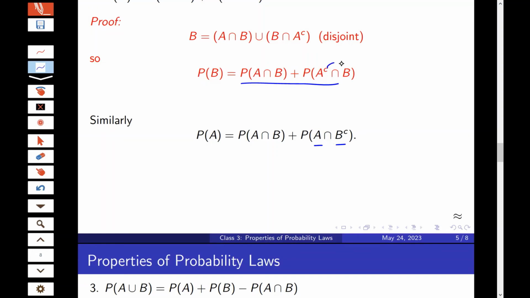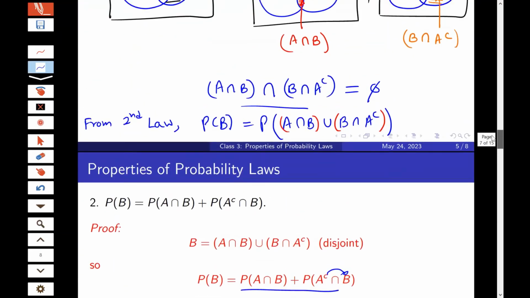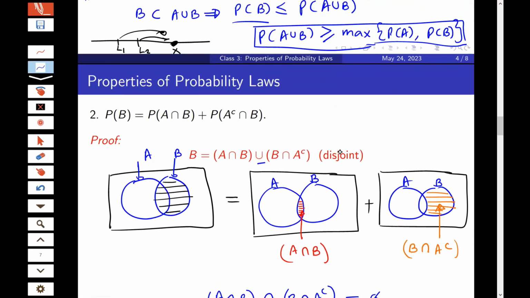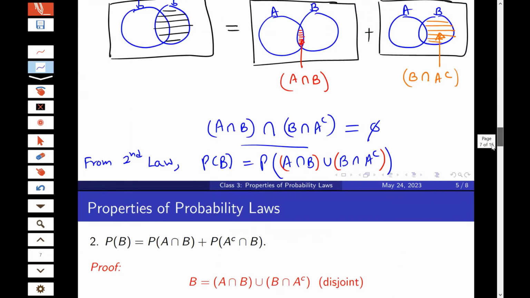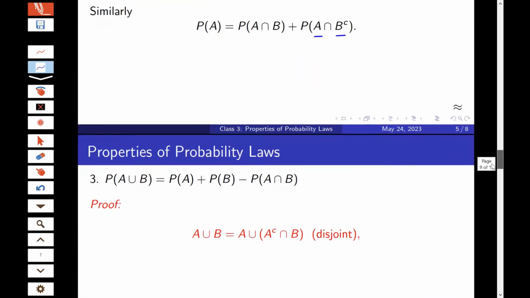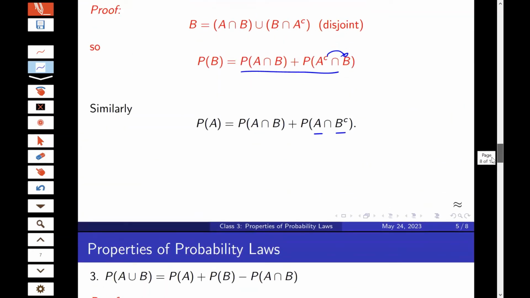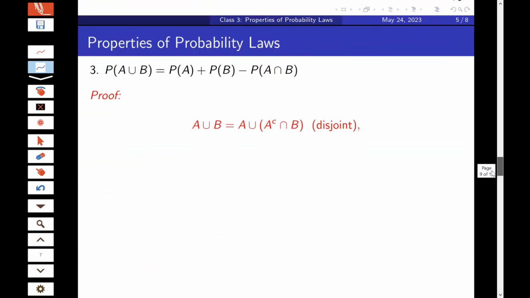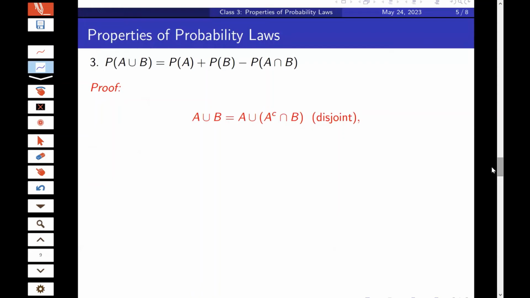So you have to switch this complement to here. That's the only difference from here to here. So that's the proof. That's how we can prove these results. Hopefully that makes sense, and we can discuss the third property.